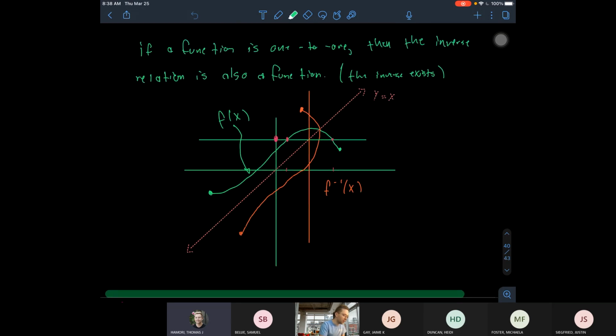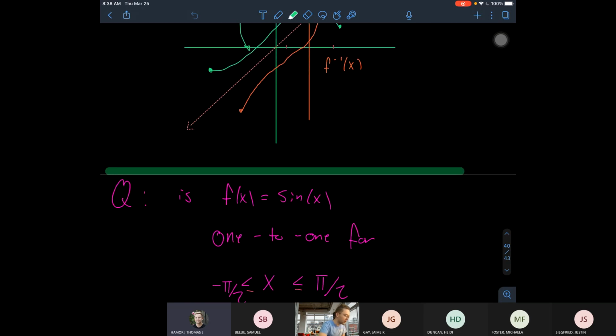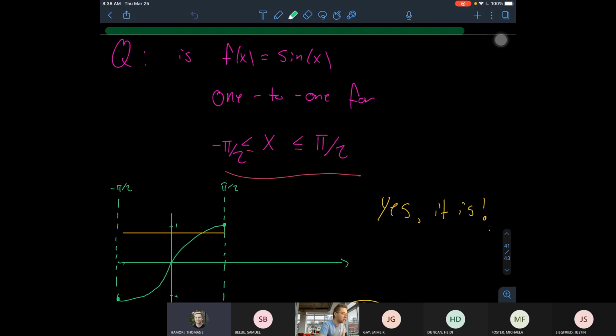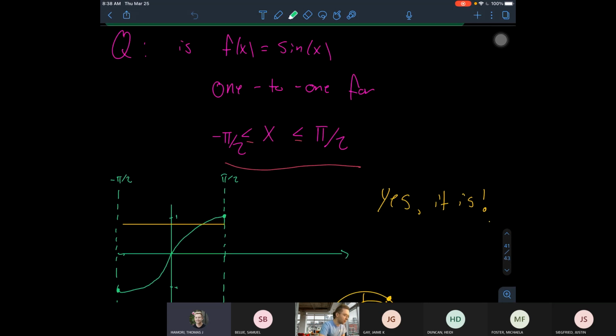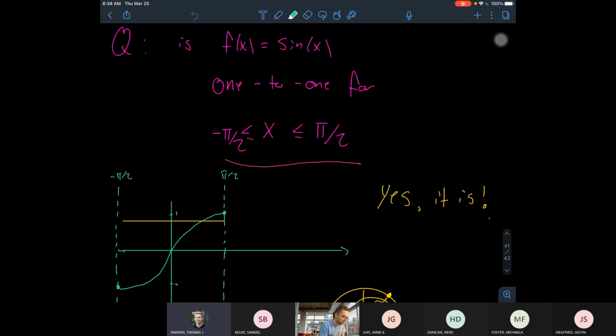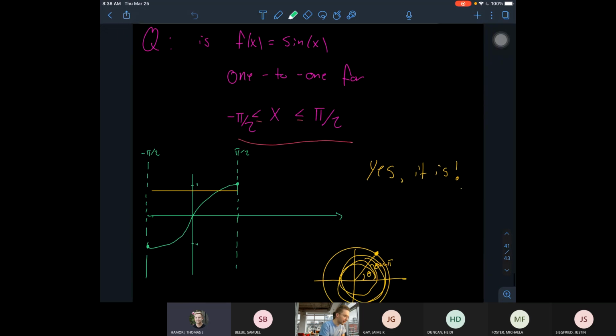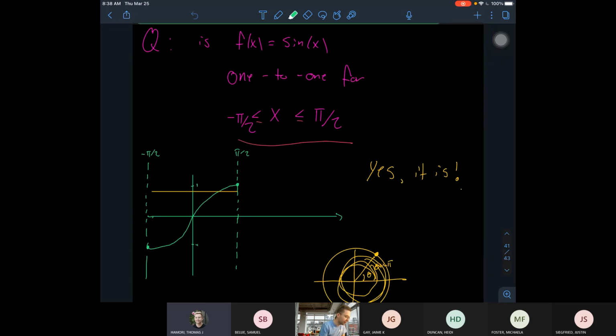So that's why one-to-oneness matters. We found that there was a way that we could restrict our view to a smaller section of our graph. And if we just consider that small section, then it's true that the graph is one-to-one in that small section.